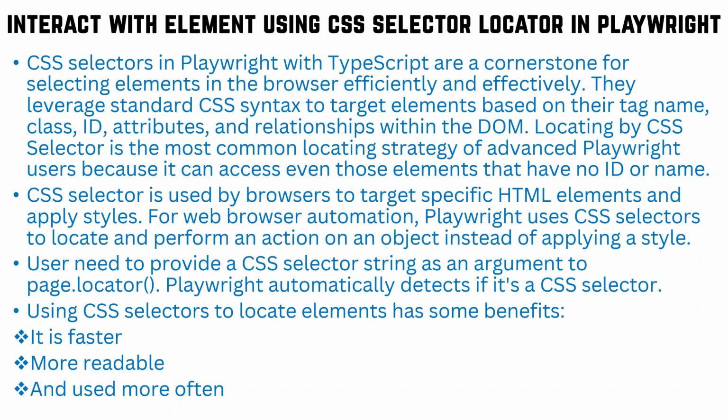Okay, so now we'll discuss the other couple of locators, which are called the custom locators. Primarily, Playwright supports XPath and CSS. Why are these kinds of locators required?